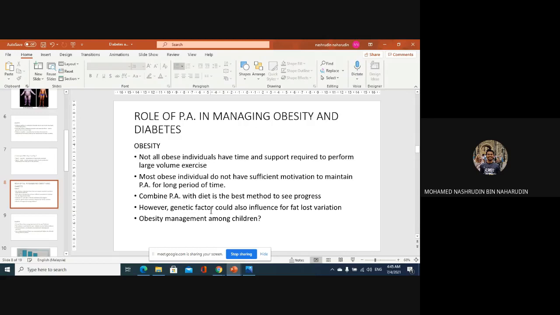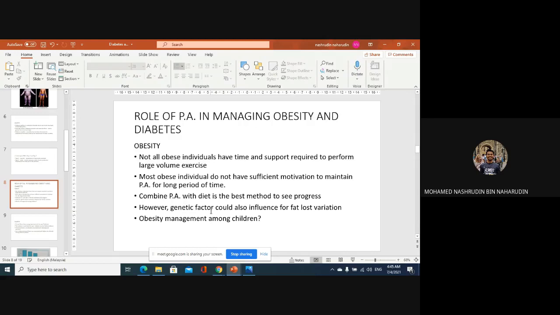The role of exercise in managing obesity in children still needs more investigation. But generally, you have to insert the element of fun and enjoyment, rather than explaining the science behind it.